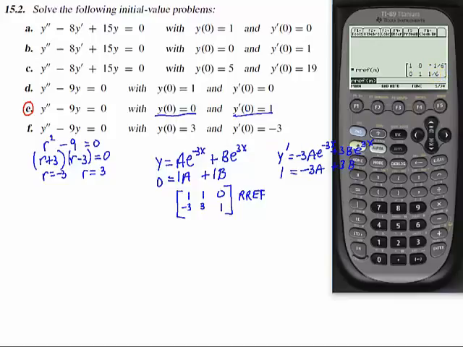So in solving that, we come out with the solutions a equals negative 1/6 and b is 1/6. And so our final answer would say y equals negative 1/6 e to the negative 3x plus 1/6 e to the positive 3x.